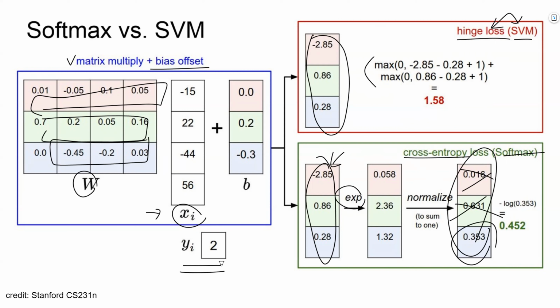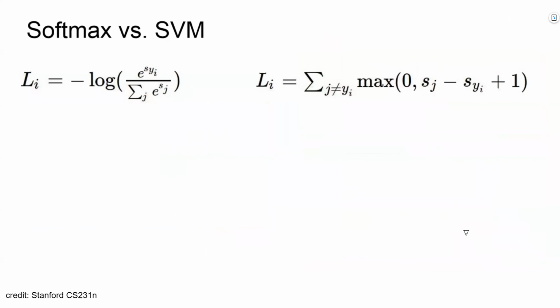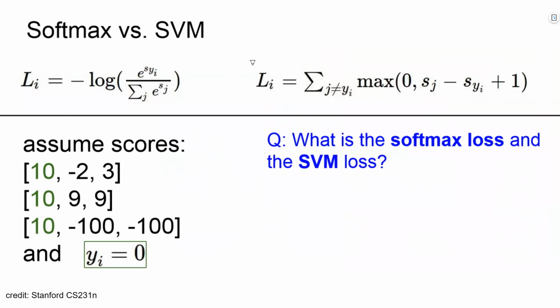And here, yi is represented as 2, meaning this one is the probability of the correct class. Okay. And this was the equation of softmax and this SVM. Assume scores are like this, and the ground truth label is 0. What is the softmax loss and the SVM loss? You know how to calculate this, right?